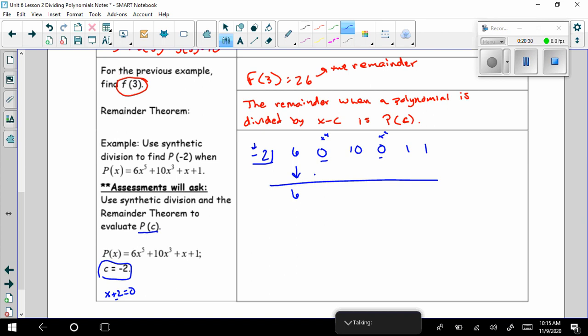We bring down, we multiply, we add, we multiply, we add, we multiply, we add, okay, and we keep this going, so multiply, add, and I should space these out a little bit more.